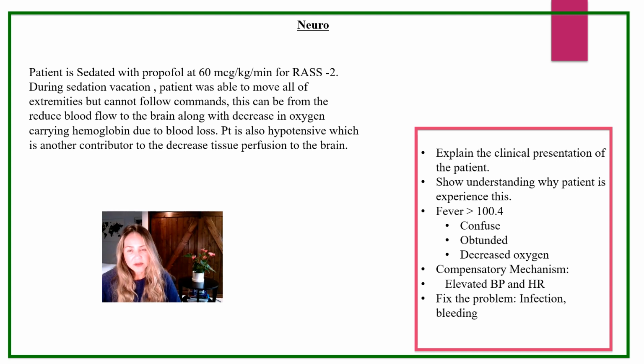We need to understand that when we're talking about the neuro, the cardiac, the pulmonology, the lungs, we cannot take it as separate pieces because the patient is one as a whole.